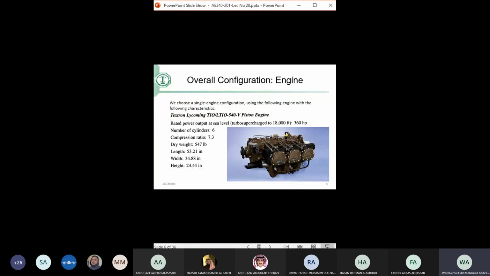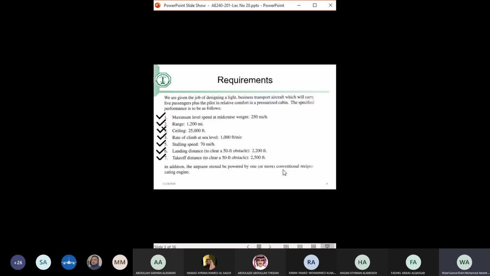So it is a decision, but you will have to think: is the 2 horsepower worth having a bigger engine that produces more than what I need? Because you will not find 362, you'll find 380 or 400. So it will be a heavier, more expensive engine, or I can live with the 360 with slight modifications. For example, where did we get the 362 number? We got it from the condition of the rate of climb.